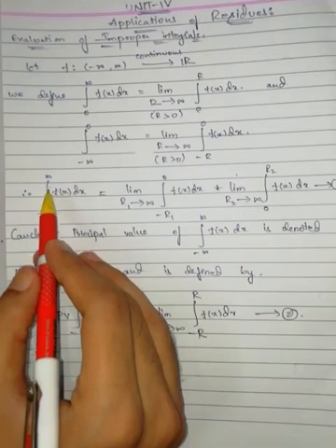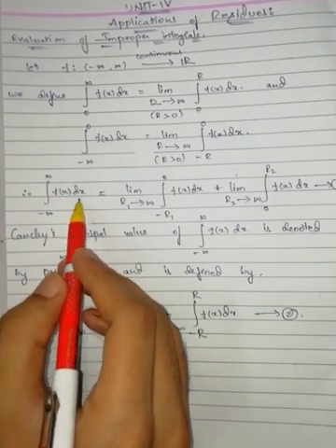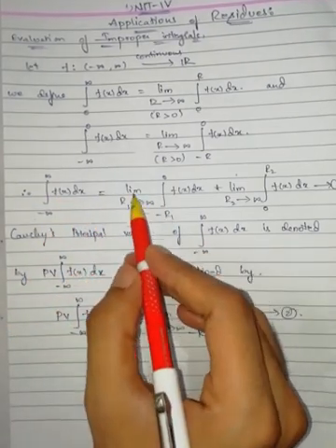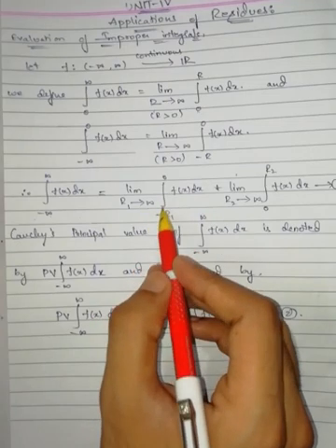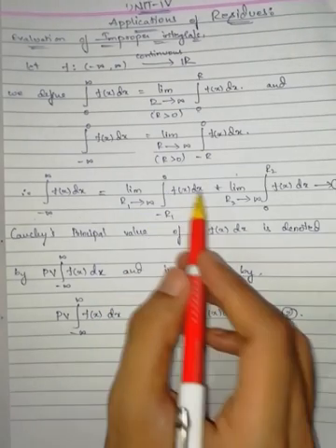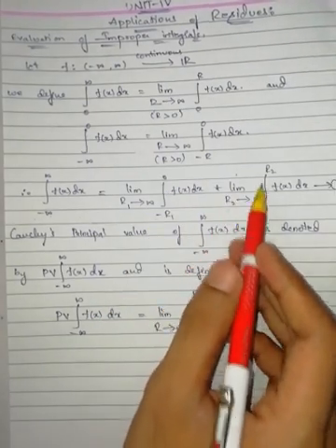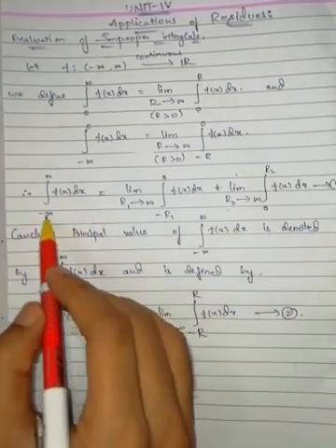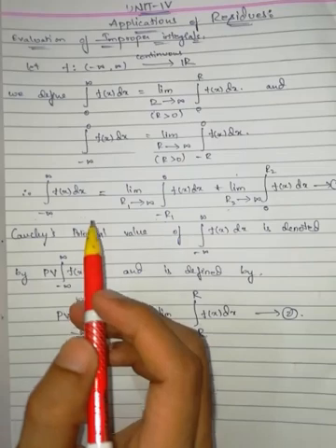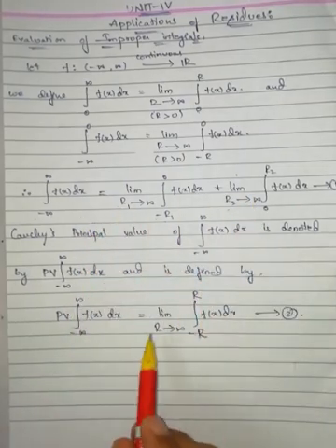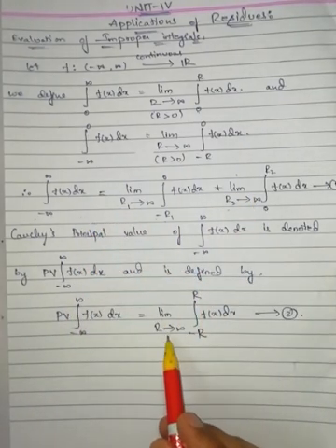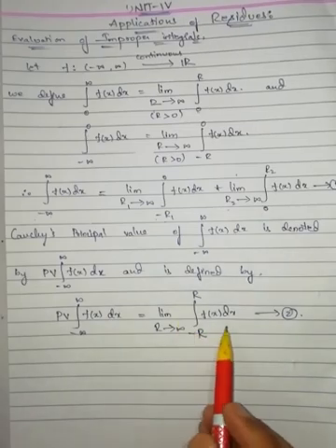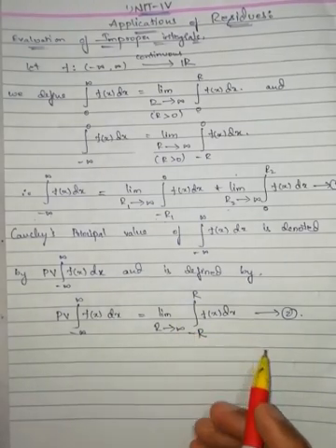Then integration minus infinity to infinity f of x dx can be written as limit r1 tends to infinity, integration minus r1 to 0 plus limit r2 tends to infinity, integration 0 to r2 f of x dx. The principal value of this one is nothing but the common limit r tends to infinity, integration minus r to r f of x dx.